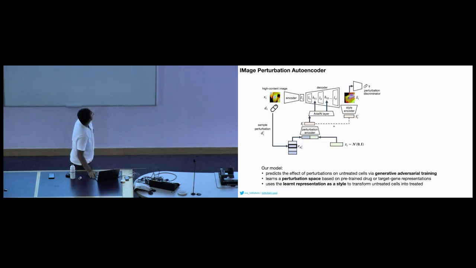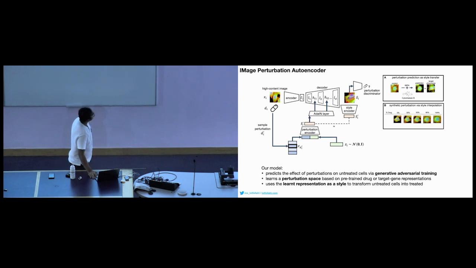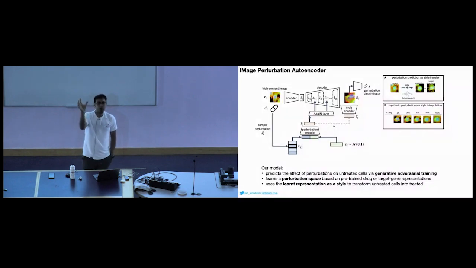So we designed a generative model to perform this task, and what it does is quite interesting. It works on cell painting assays. This is another assay that you could use for phenotypic drug discovery, meaning that you don't get the gene expression anymore, but you get the morphology, and people use it to identify active drugs. But again, the same problem here: you can't screen all possible drugs in the world.